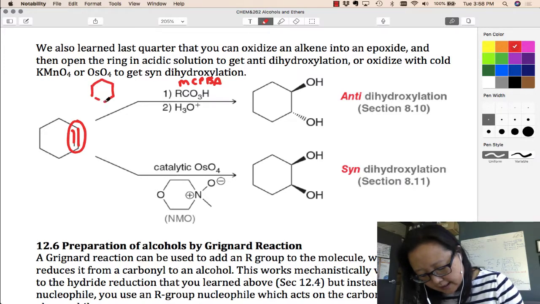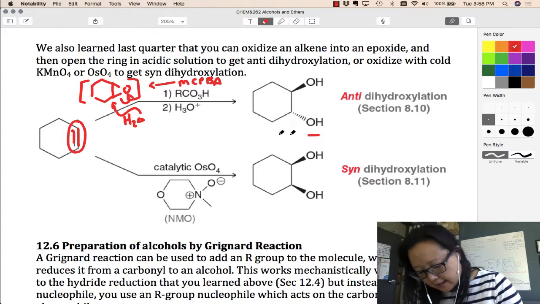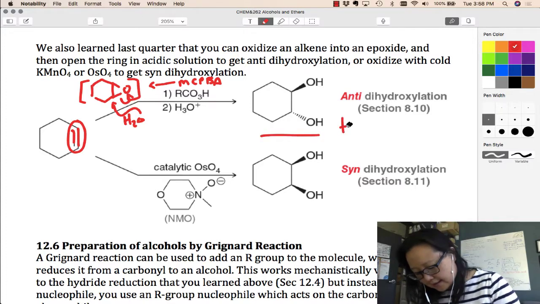So the intermediate is going to look like this after mCPBA is used. And then this is going to open up with water. Water is going to attack and open this up. And that's how we get a trans diol. So this is a trans 1,2 diol.